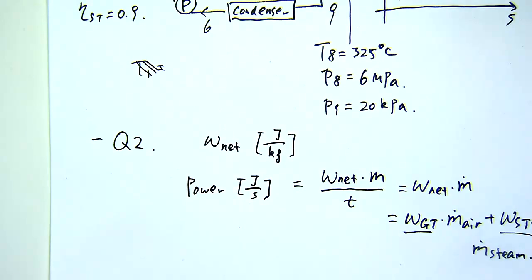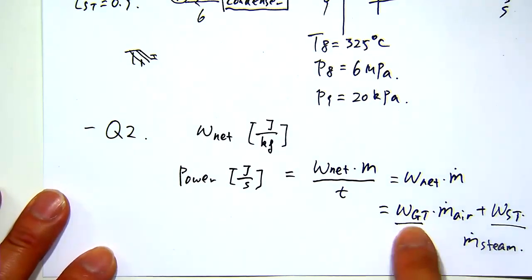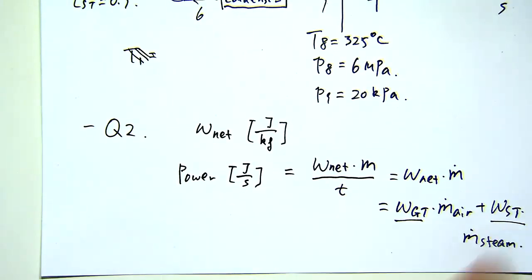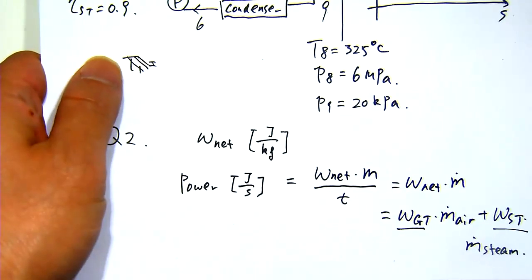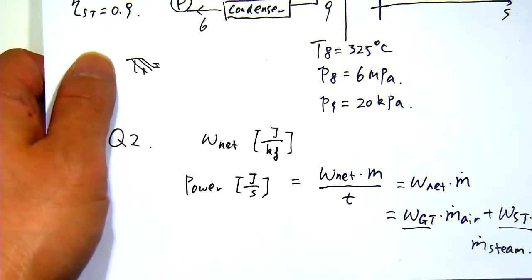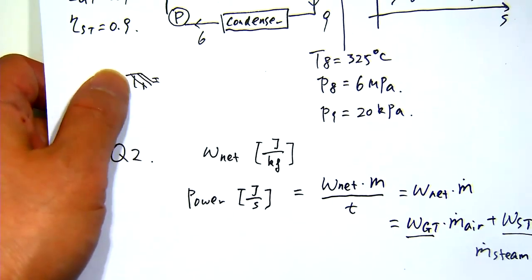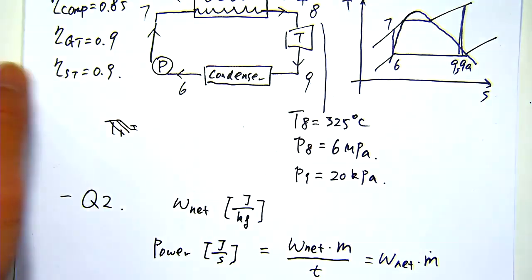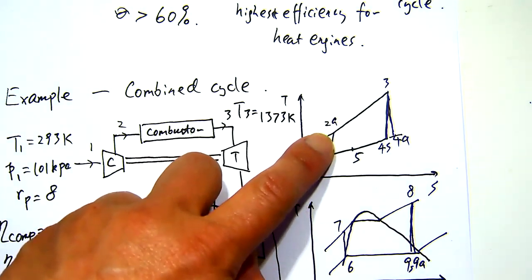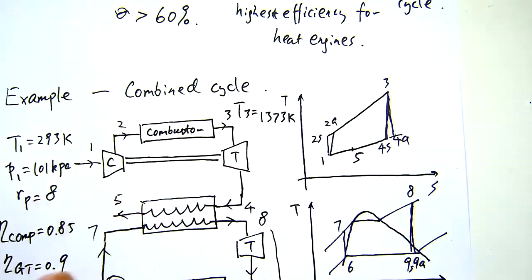So let's do the simple stuff first, how to figure out these two works. This is more of a routine calculation for these two basic cycles, so I will go through them relatively quickly. The only tricky point is you need to consider there is certain efficiency there.